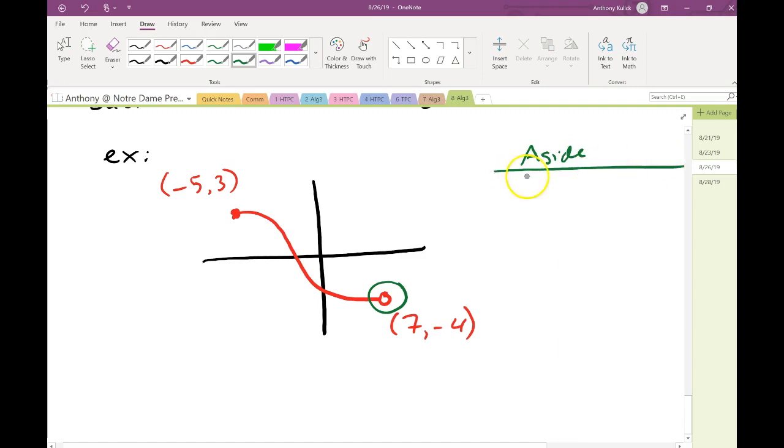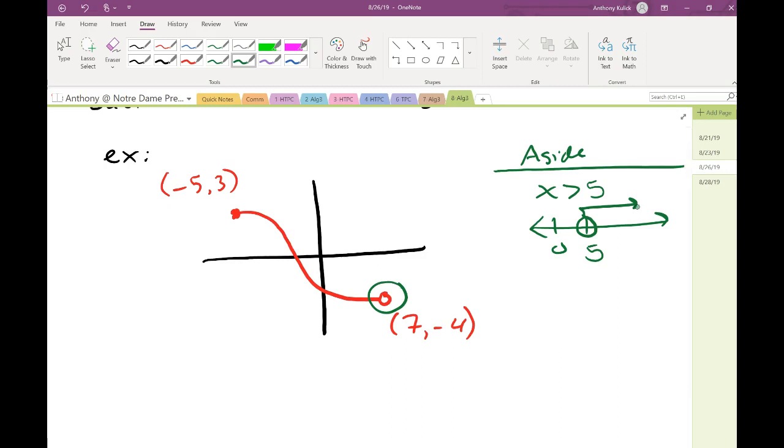You remember back in Algebra 1 or pre-algebra, if you were asked to graph something like x is greater than 5 on the number line, you drew an open circle and drew an arrow to the right. Everybody remember doing that?